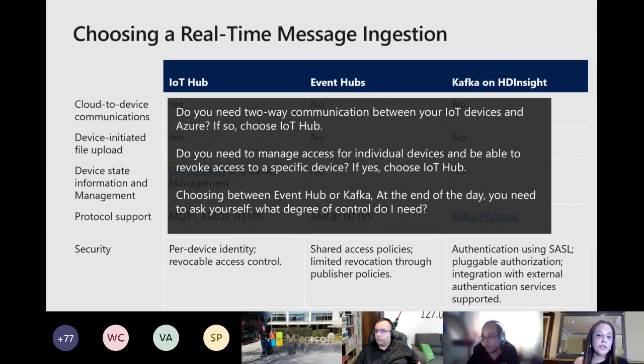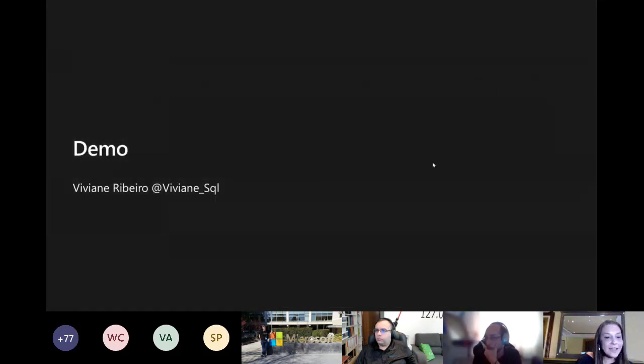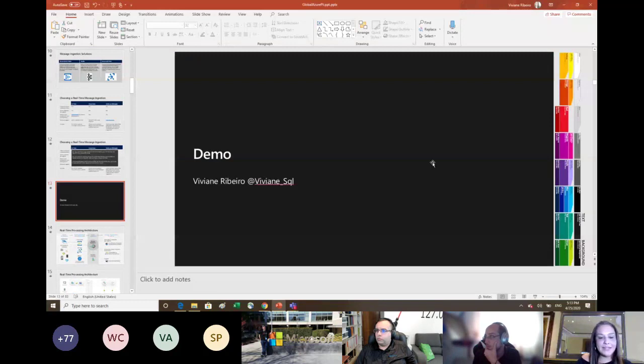When choosing between IoT Hub, Event Hub or Kafka, at the end of the day, you need to ask yourself what degree of control you need. As I mentioned before, if for some reason you need to customize the environment more, Kafka gives you this possibility. So let's do a demo session here and see this working in real time.